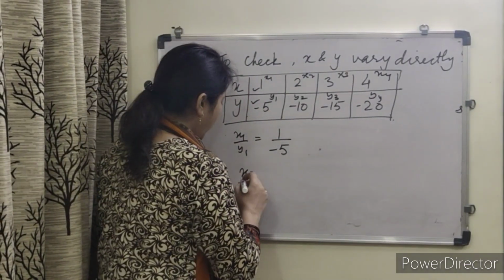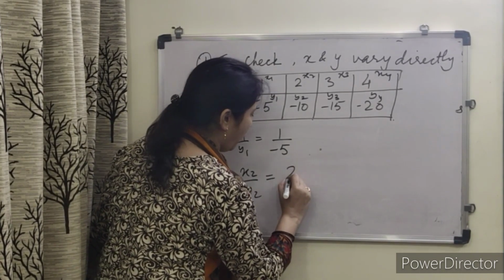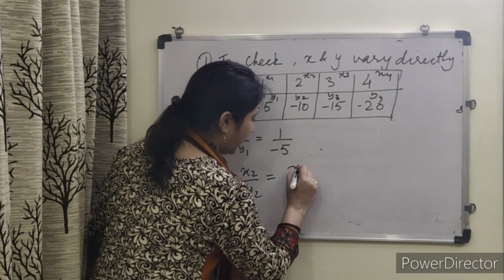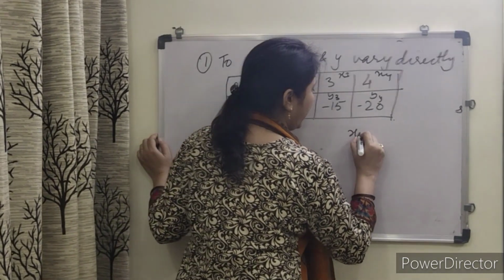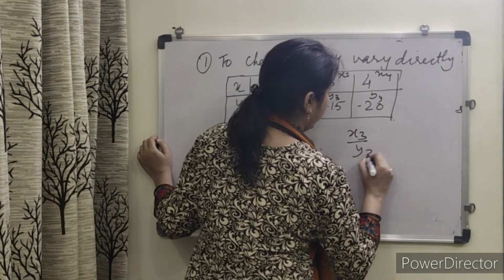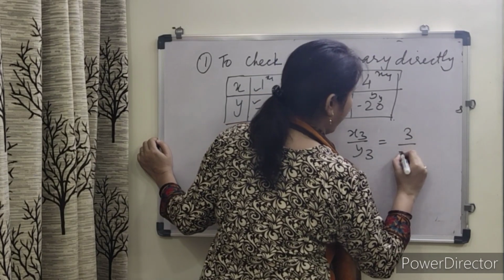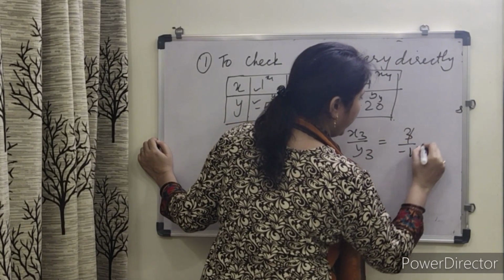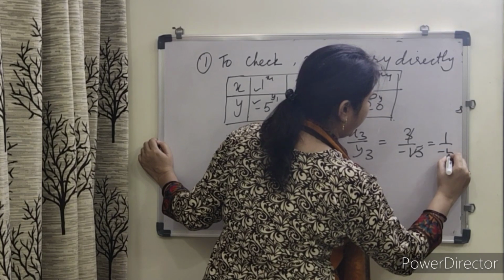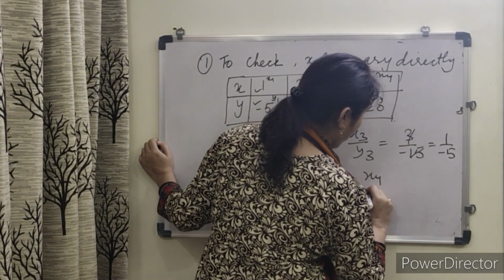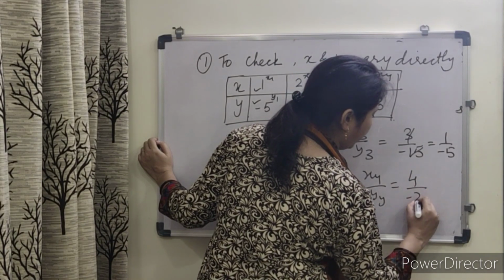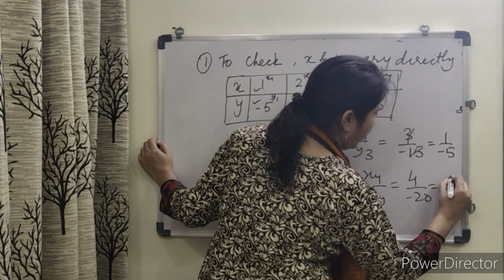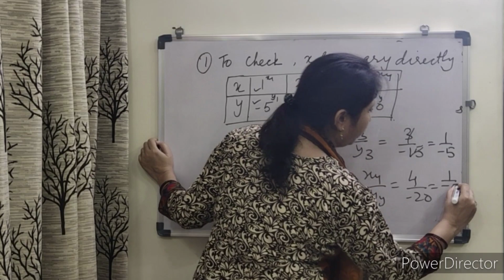x2 over y2 would be 2 over minus 10. Again, you will get 1 over minus 5. x3 over y3 is 3 over minus 15, the same, that is 1 over minus 5. And x4 over y4 equals 4 over minus 20, that is also 1 over minus 5.